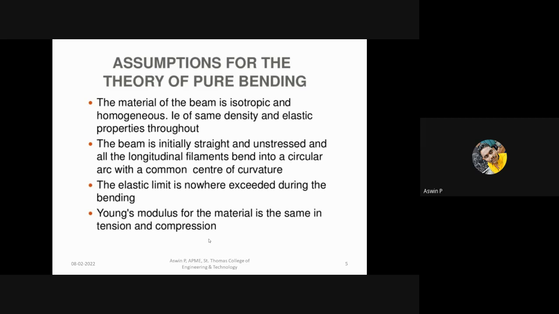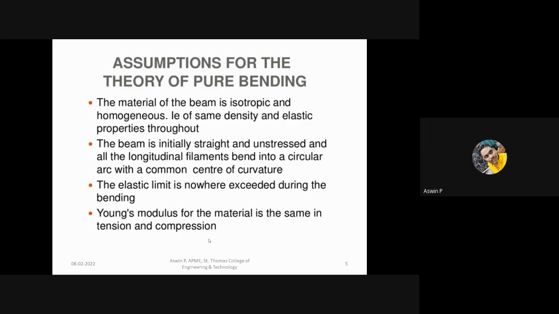This is the first assumption. In your notebook, you have 7 assumptions. You can follow that. This is explained in detail, so there may be some extra assumptions. No need of considering that. You can follow your notes. You have already written in your notebook what the assumptions of pure bending are.